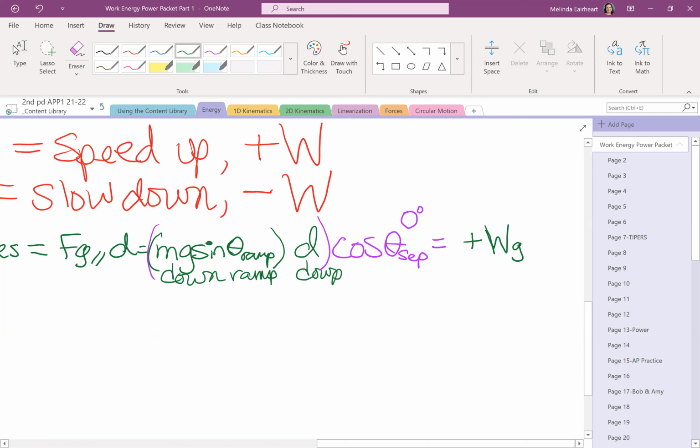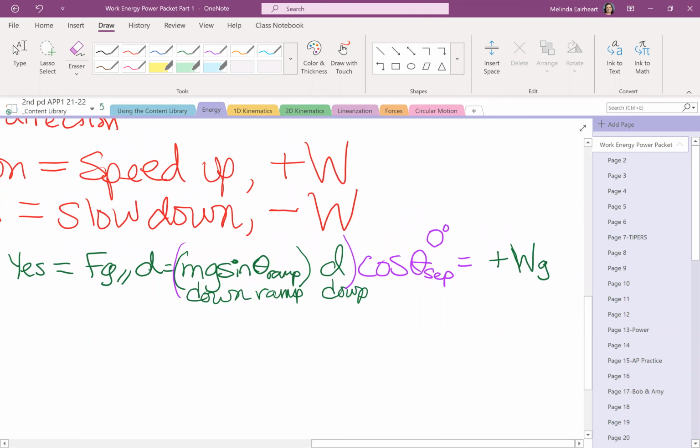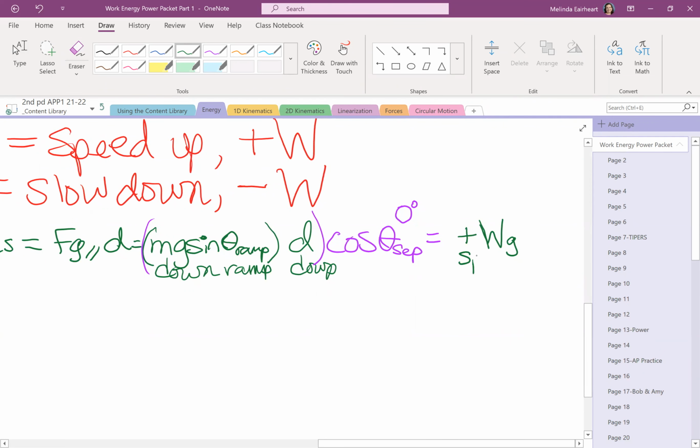What's this object going to do if we allow it to slide down the ramp? It's going to speed up, right? Shouldn't positive work speed an object up? Isn't that what we said? Yeah. So if you just focus on gravity, it's going to try to speed the object up. Nitty gritty, right?